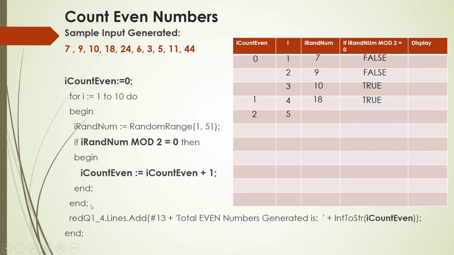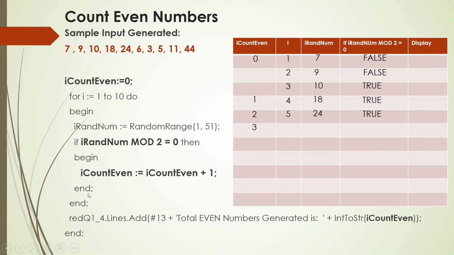Now i goes to 5. Check my condition, true. Generate the next number, 24. I'm now checking if 24 mod 2 equals 0, true. What happens now? iCountEven has a current value which is 2, and I've now found the next even number. My iCountEven needs to be incremented by 1, so iCountEven has the value 3.